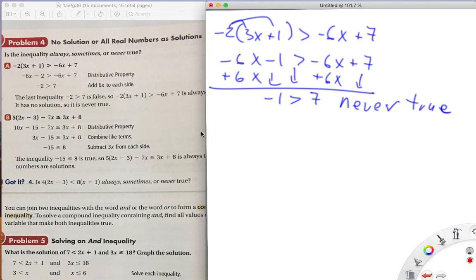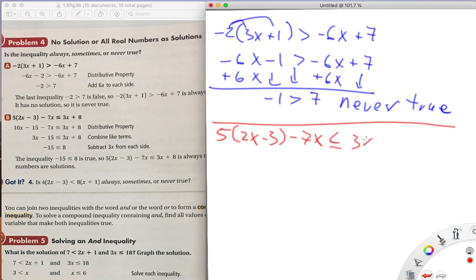For the other example, negative 5 times 2x minus 3 minus 7x greater than or equal to 3x plus 8. Alright, I'm going to use the distributive property. 10x minus 15 minus 7x is less than or equal to 3x plus 8.